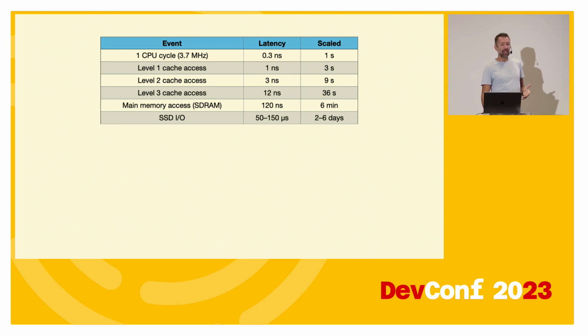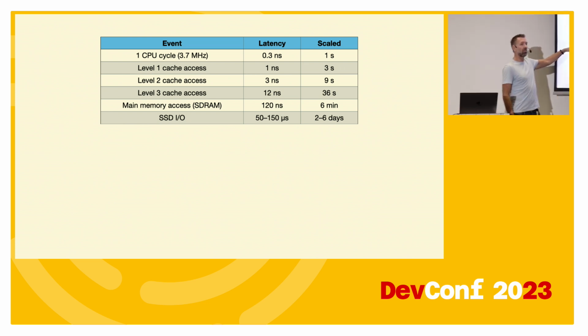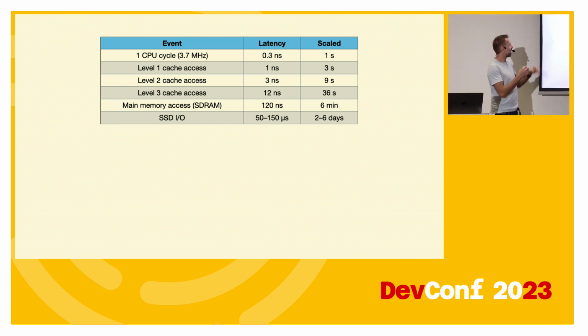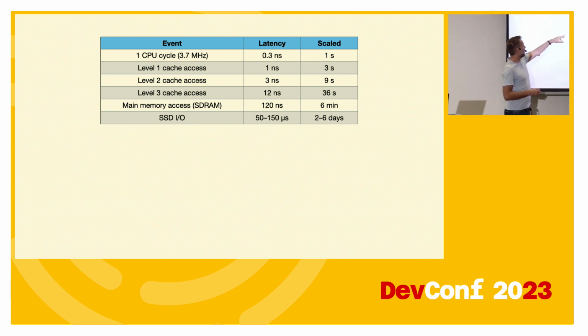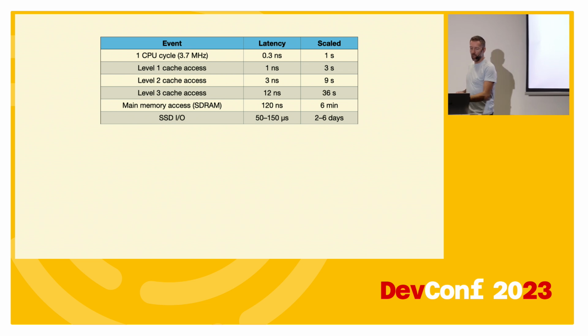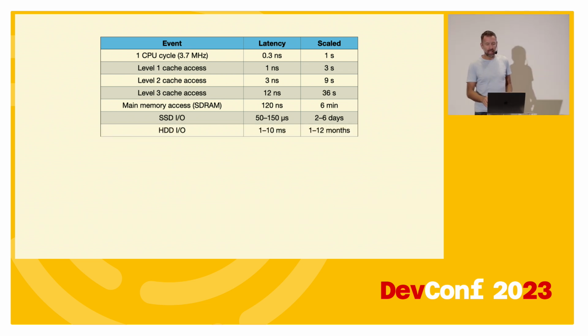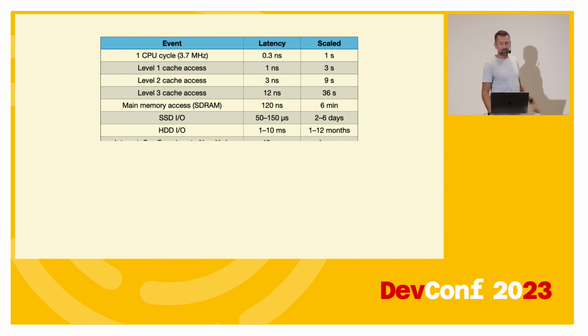An SSD disk, days. Because 50 to 150 microseconds is not that much more than a couple of nanoseconds, but relatively it's seconds to days. We don't use HDDs much anymore, but now we're talking up to a year.